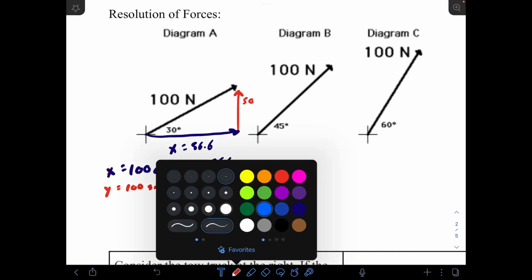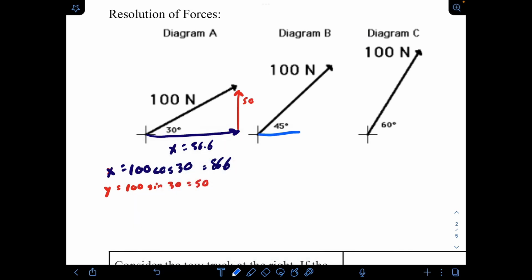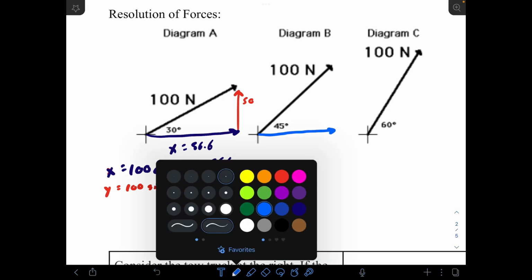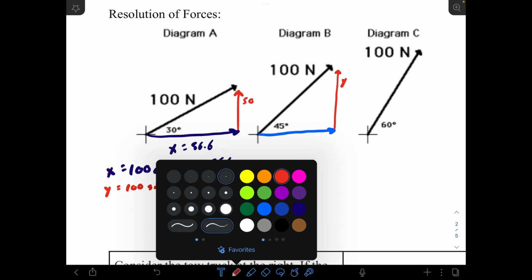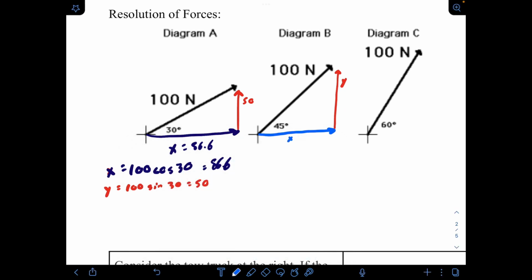Diagram B is pretty similar. It has an x component here and a y component here. We solve them the same way. Notice in this case, though, that my angle is 45 degrees, so those should be the same. Hopefully our math says they are, right? So for the x component, I have 100 sine 45. So 100 sine of 45 should give me 70.7.